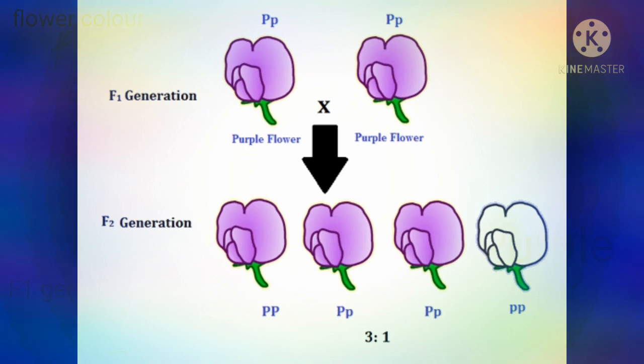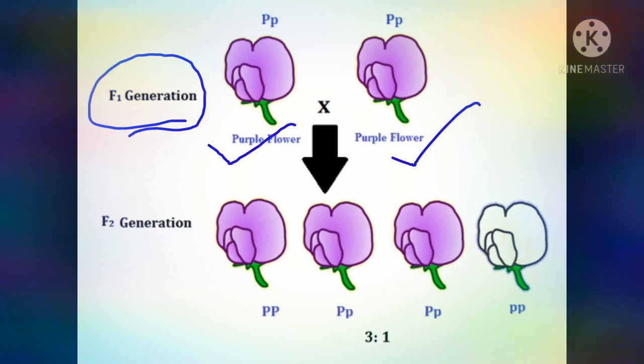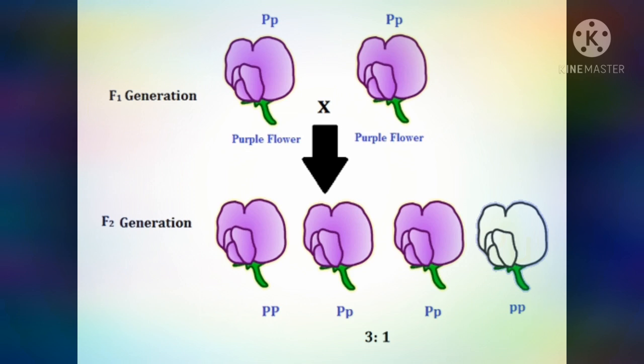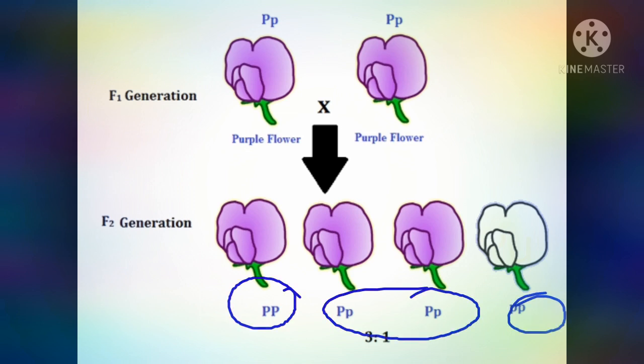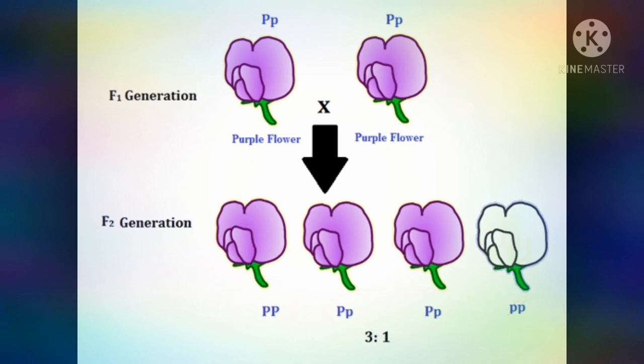Now after selfing of the F1 generation, a hybrid purple flower with a hybrid purple flower, capital P small p with capital P small p, what happened in the F2 generation? Here 1 pure purple, 2 hybrid purple, and 1 recessive white. So 3:1 is the ratio. These are the different examples of monohybrid cross.